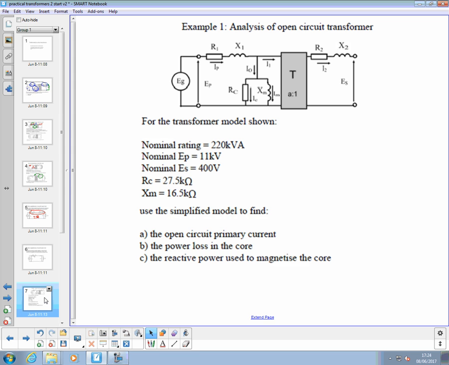So, having done that, let's have a look at an example analysis for each of those conditions. First of all, we've got a circuit of a transformer in open circuit condition. Okay, so we can do the first simplification on here, which is, what can we ignore here?